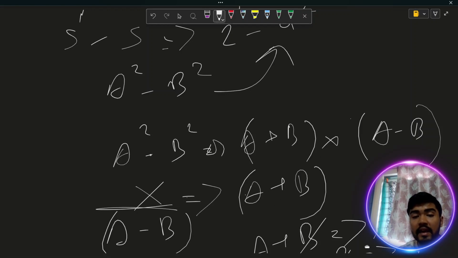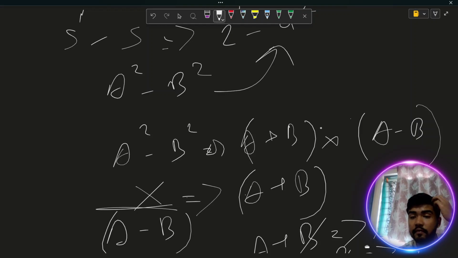We have a square minus b square calculated by the previous steps, divided by a minus b, which we have also calculated.